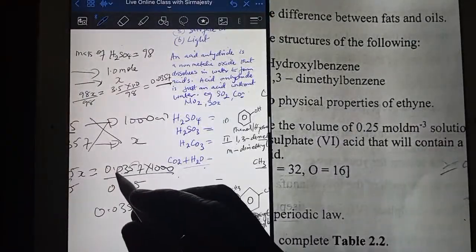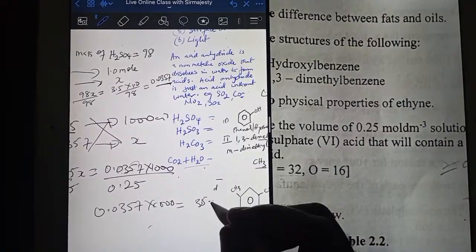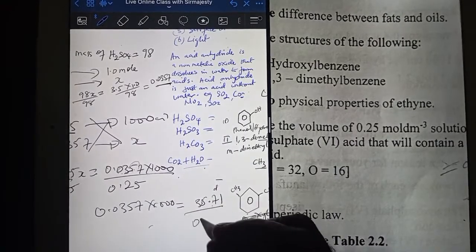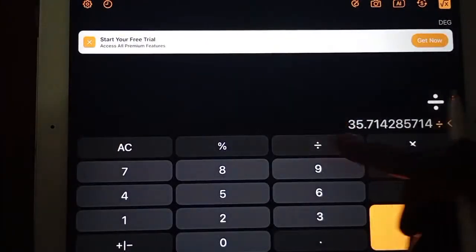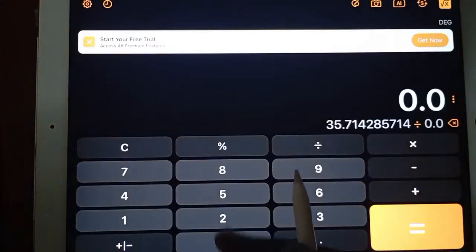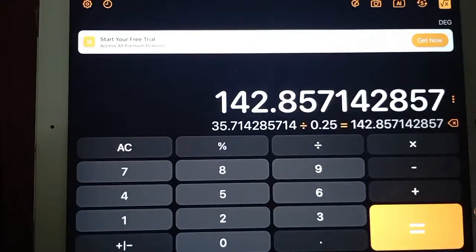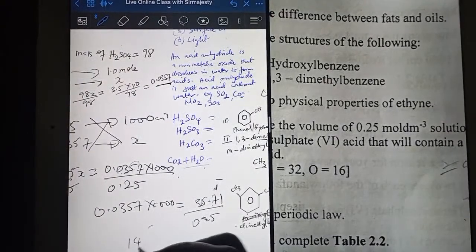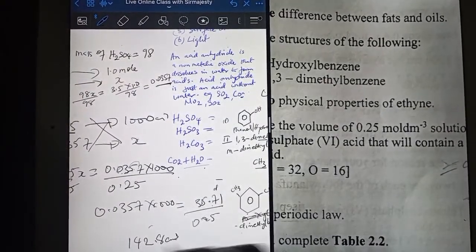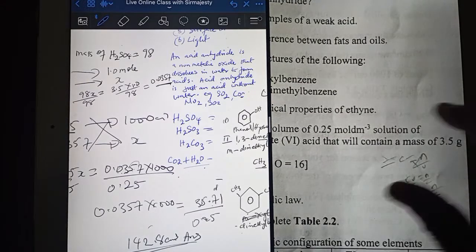Then 35.71 divided by 0.25 is 142.85. So we have 142.85 cm cube. That's the volume of the acid that will contain 3.5 grams of the acid.